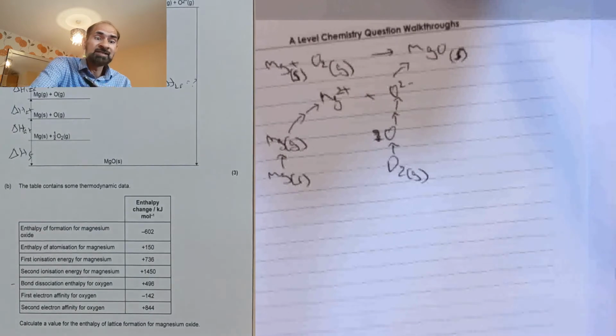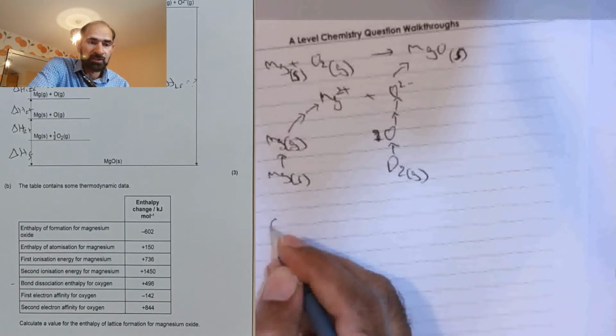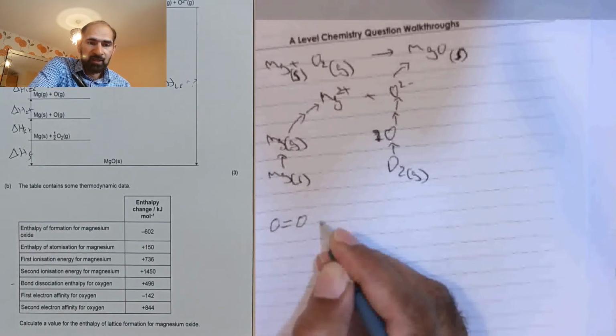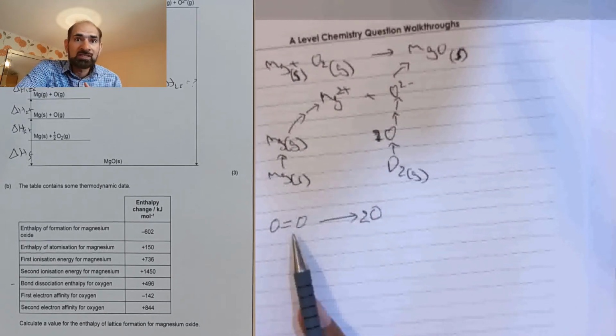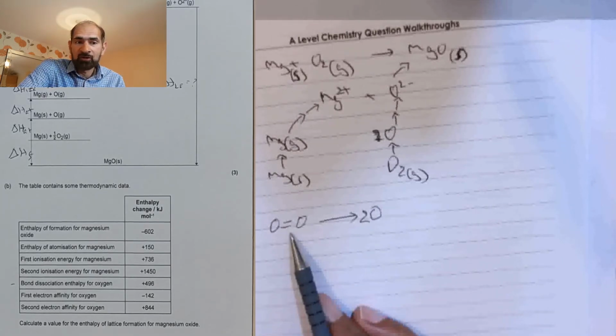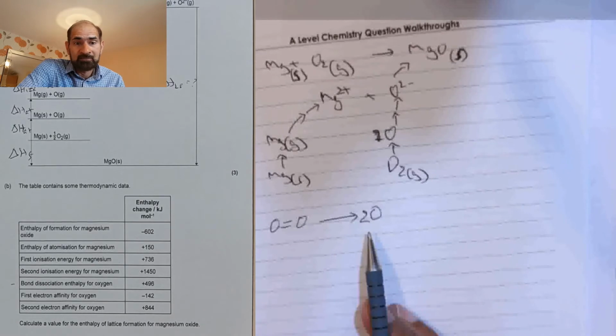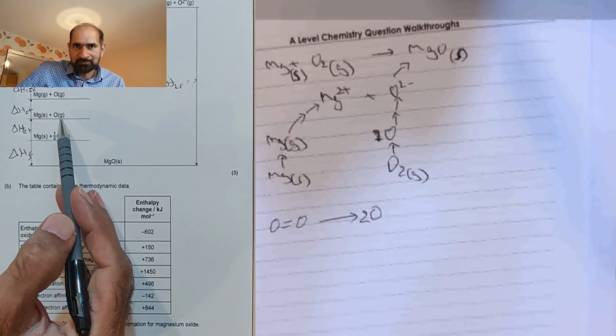There's a very distinct difference here. Let's look at this oxygen that we're breaking bonds for. When I break one of these bonds, one of these double bonds, I get 2 oxygen atoms. The enthalpy change when you break 1 mole of bonds is bond dissociation. When you break this 1 mole of bonds, I end up with 2 moles of oxygen atoms, but I'm not getting 2, I'm getting 1 mole of oxygen atoms.